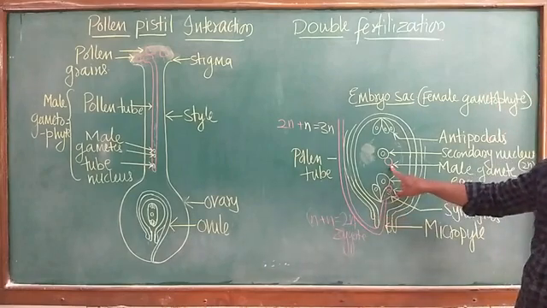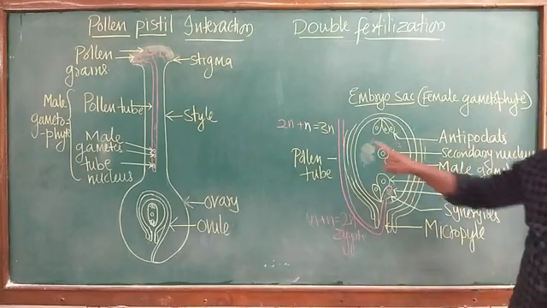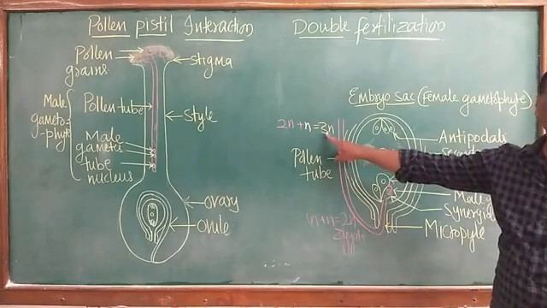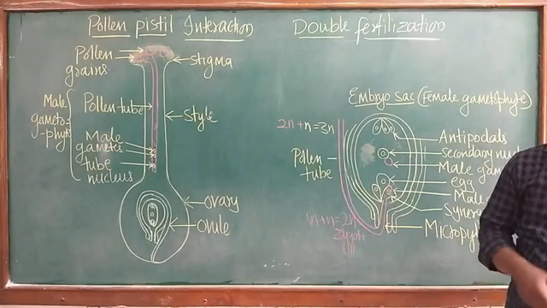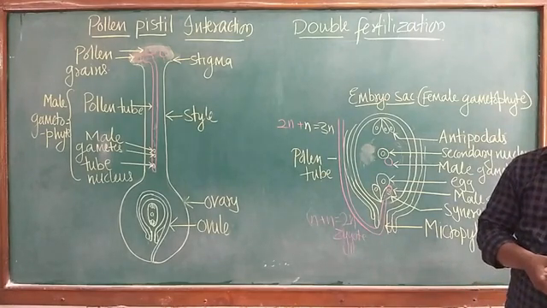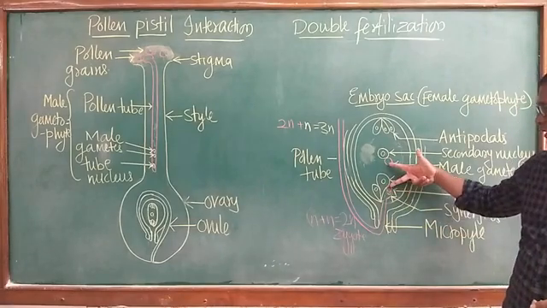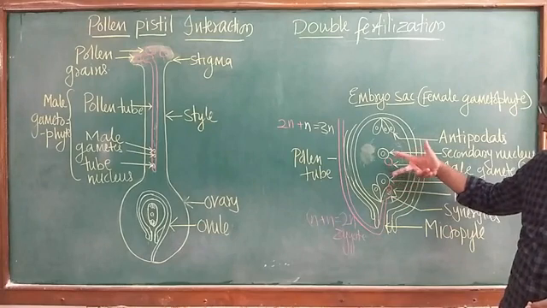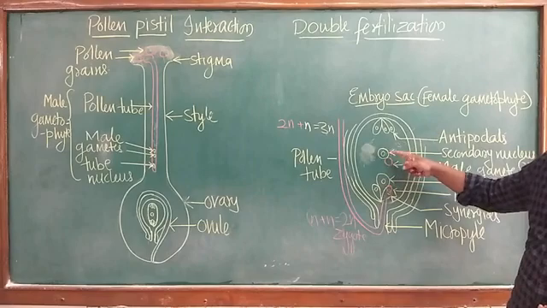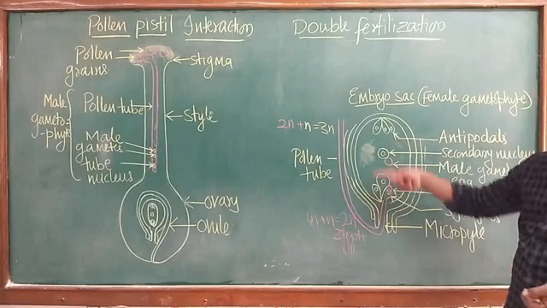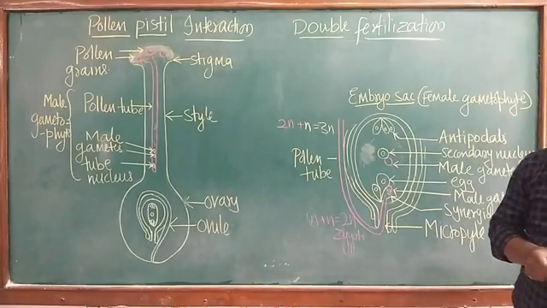The second male gamete unites with the secondary nucleus to form a triploid primary endosperm nucleus, hence called double fertilization. We can also say that as two male gametes take part in fertilization at two different places within the embryo sac, the process is called double fertilization.